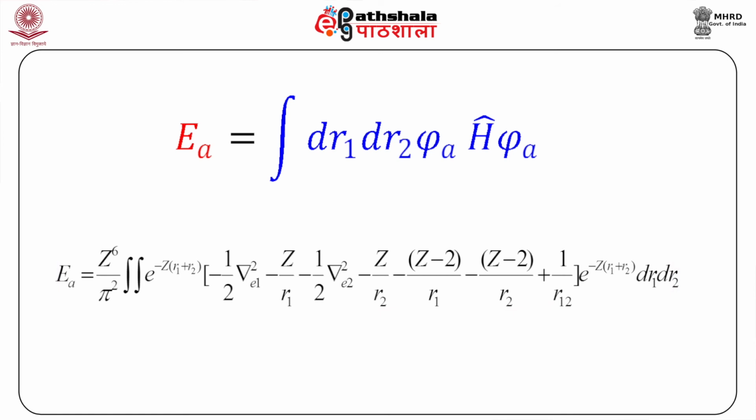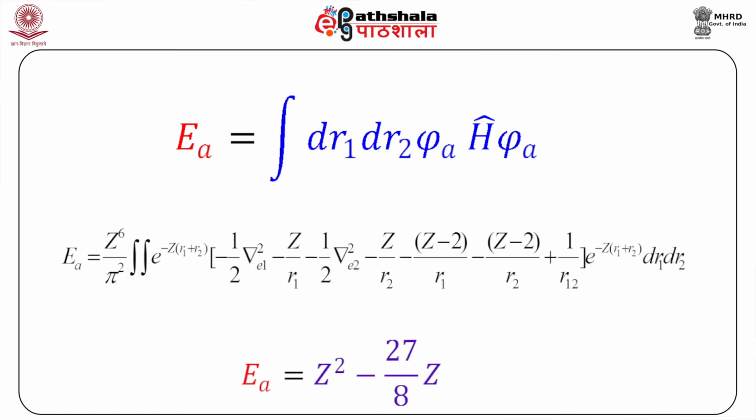This on integration gives equation 17, that is the simplified expression for energy, which is equal to z square minus 27 by 8 z.